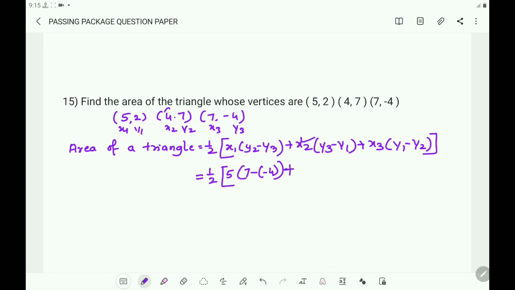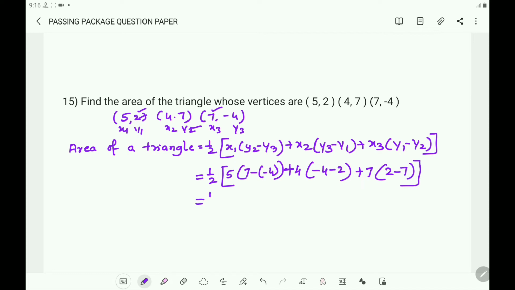What is that x2? x2 is 4 into y3 is minus 4, minus y1 is 2, plus x3 is 7, y1 is 2, minus y2 is 7.